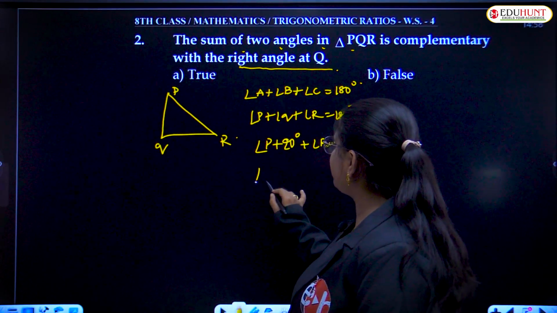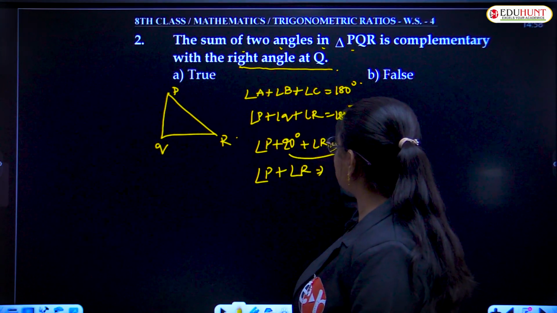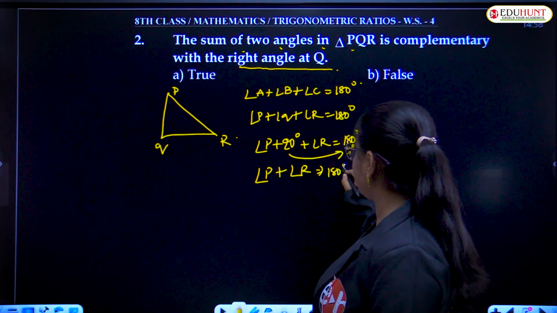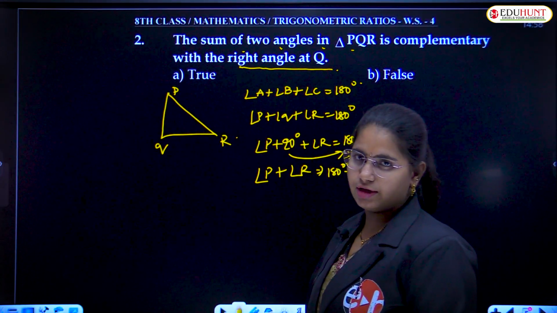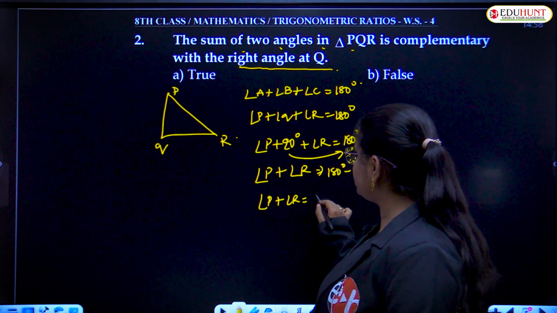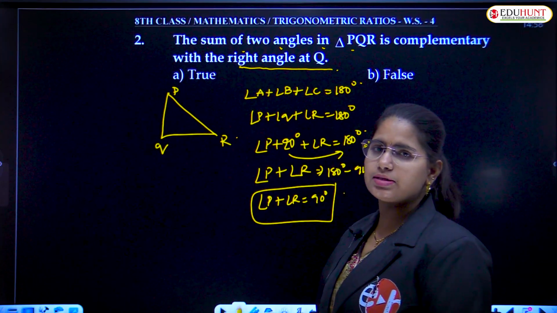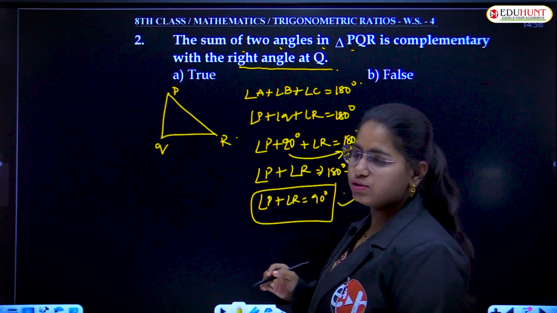If I need to find angle P plus angle R, if I transpose the 90 to that side, plus 90 will become minus 90. 180 degrees minus 90 is nothing but 90 degrees, correct? So angle P plus angle R is equal to 90 degrees. Now let's get back to the question.